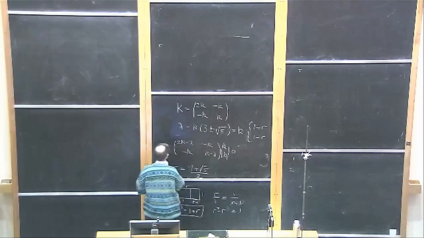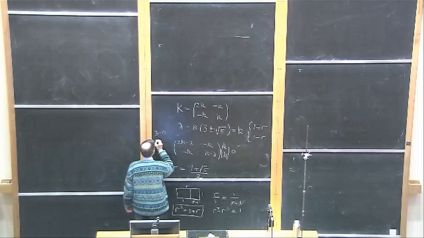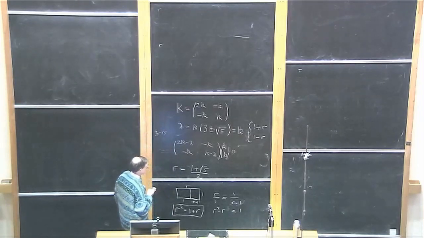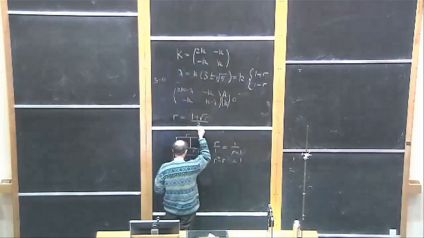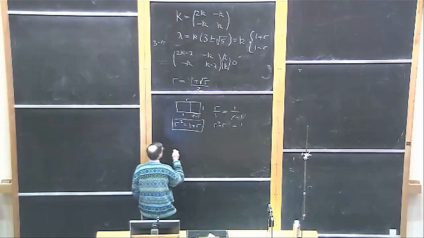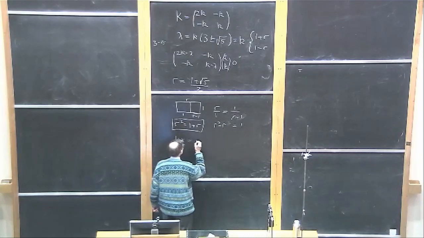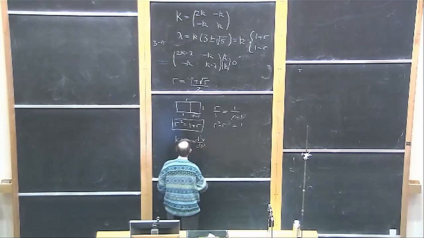Let me have a look at that. 3 minus root 5, 1 minus r will be... So the problem I'm trying to solve is kx equals m times d2x by dt squared.